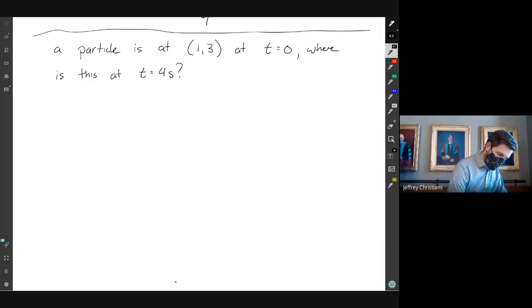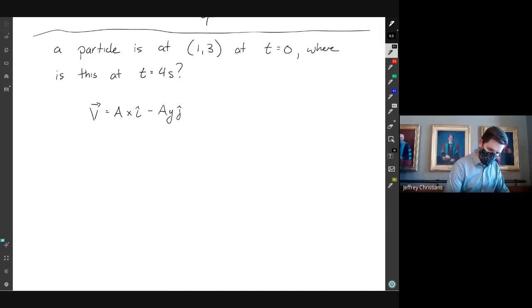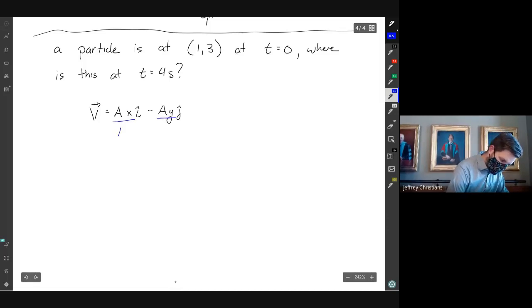Okay, so we can answer that question with the velocity field. Our velocity field is ax i hat minus ay j hat. This is the x velocity. This is the y velocity.